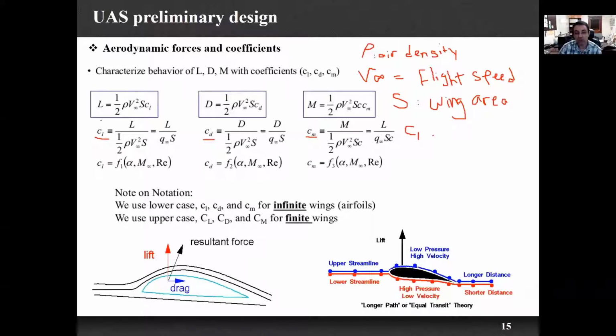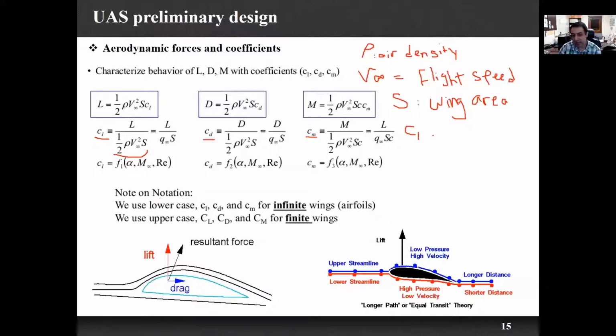The lift should always be equal to weight. So lift is half of the air density times the velocity of our airplane squared times the surface area of the wing times CL, the lift coefficient. So the lift coefficient is lift divided by half rho V infinity squared S, which is called dynamic pressure. And the same for CD: the drag force divided by dynamic pressure.